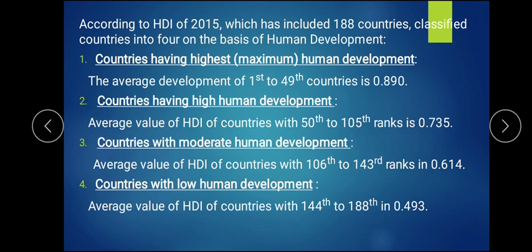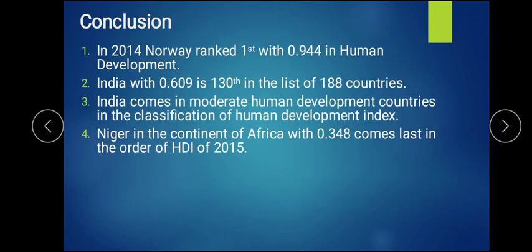with 0.690 points. Then less than 0.614 points, you find it ranked from 144 to 188. So this is how HDI gives categories for different types of countries, and ranks are given.